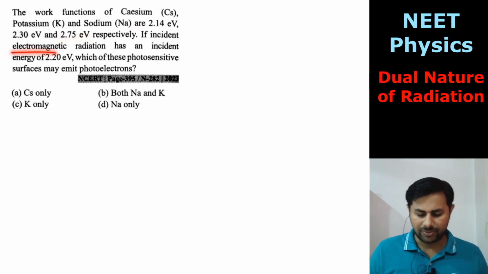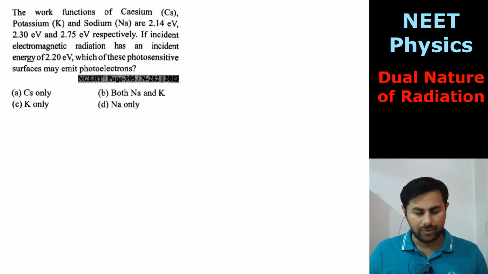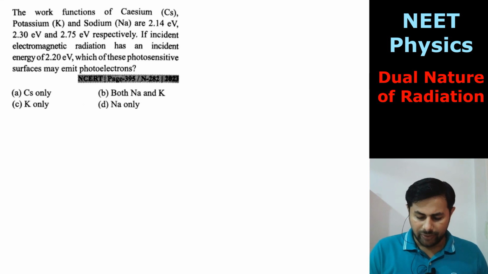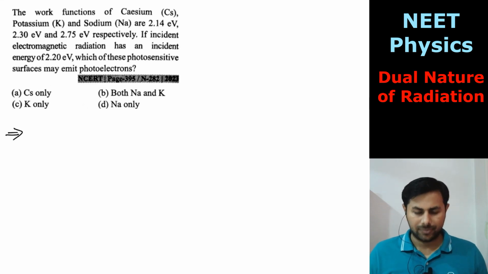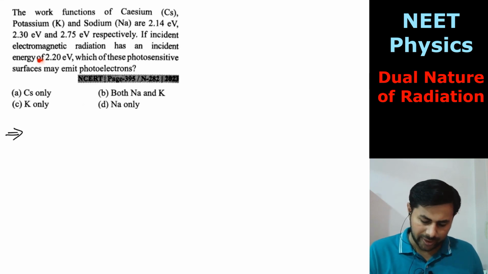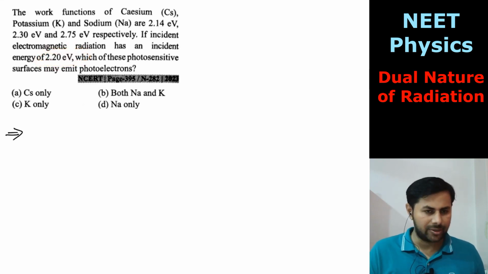If the incident electromagnetic radiation has an incident energy of 2.20 electron volt, which of the photosensitive surfaces may emit photoelectrons? Tell me. Yeah, Option A, cesium only. So what is the energy of the radiation? 2.20 electron volt. Okay, that's good.